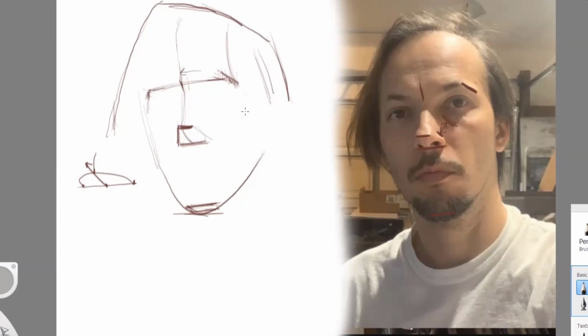And then you move on to finding where the cheekbone would be, for example. You can draw it on both sides, just like we did with cross-hatching. The bottom of the cheekbone, these larger planes, you can see where the hair ends.